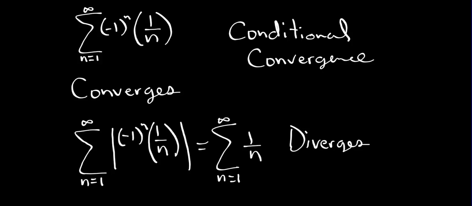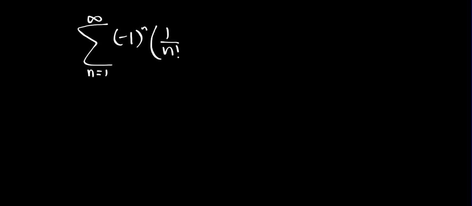Now, let's look at another one here. Let's suppose that we've got this one, n equals 1 to infinity, -1 to the n, 1 over n factorial. That one. Now, that one converges by the alternating series test, definitely. And if we take the negative away, let's see what we've got.